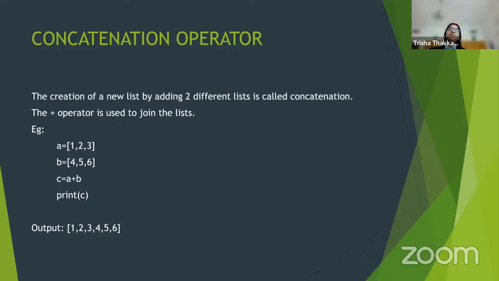In this example, we have two lists. A is equal to list of 1, 2, 3, and B is equal to list of 4, 5, 6. We create a new list, C, by concatenating A and B, and this gives us the output which combines both the lists into a new one.